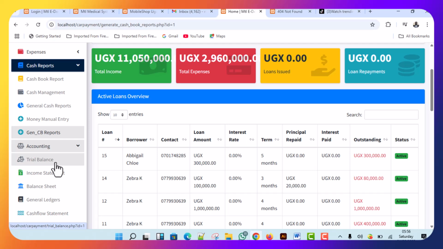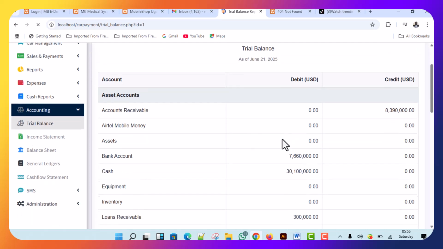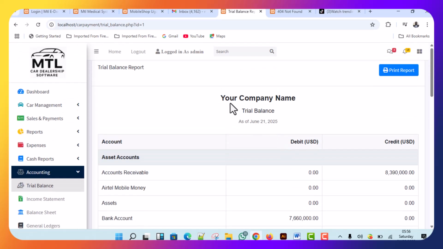Whatever transaction we make in the system, journals are recorded, and from journals is where we generate accounting reports. So we have the trial balance. This is how it looks: your company trial balance as of June 21st.